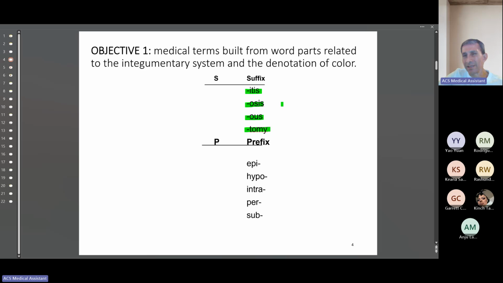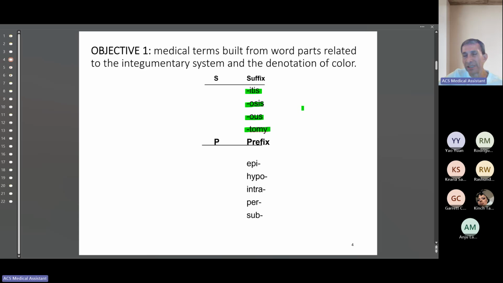Tomy, this is not your friend Tommy. This is not your belly. This is an incision, a cut. When we cut through something, that is called tomy. So we're gonna have, once again, examples of how to use these suffixes. So we're gonna have the word root, and then we're gonna have a complete medical term, and we're gonna define this medical term.